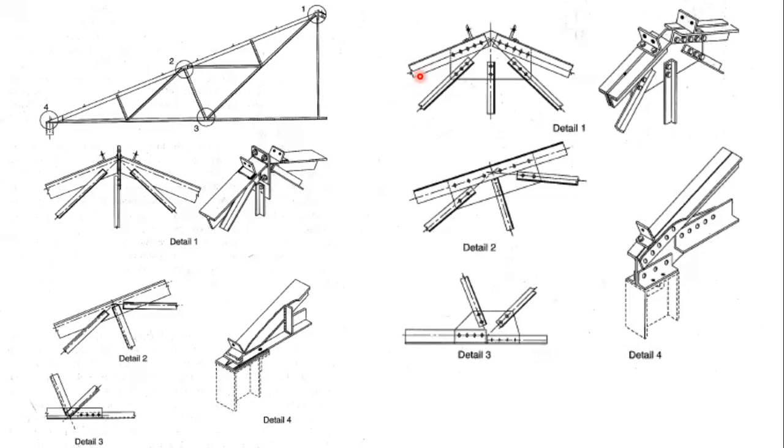If it is a member which supports a huge amount of compression or tension, it is much easier for us to decide the size and the cross-sectional area of the member on that force basis. But one more thing that will govern the design of the member is the connections.